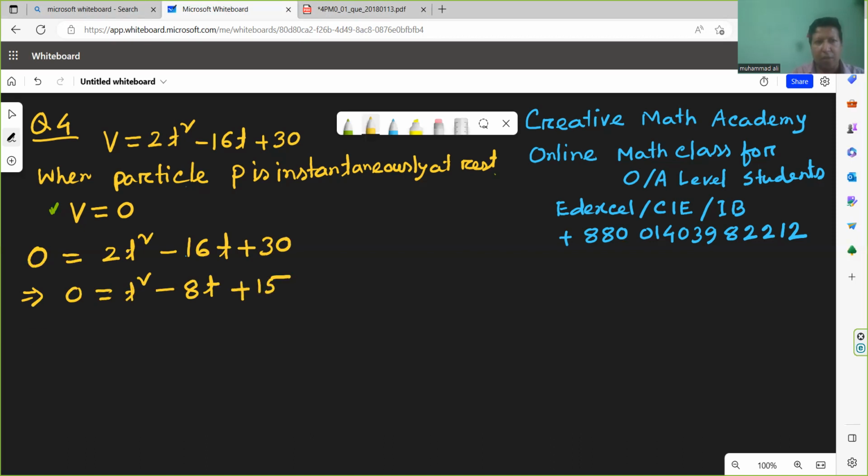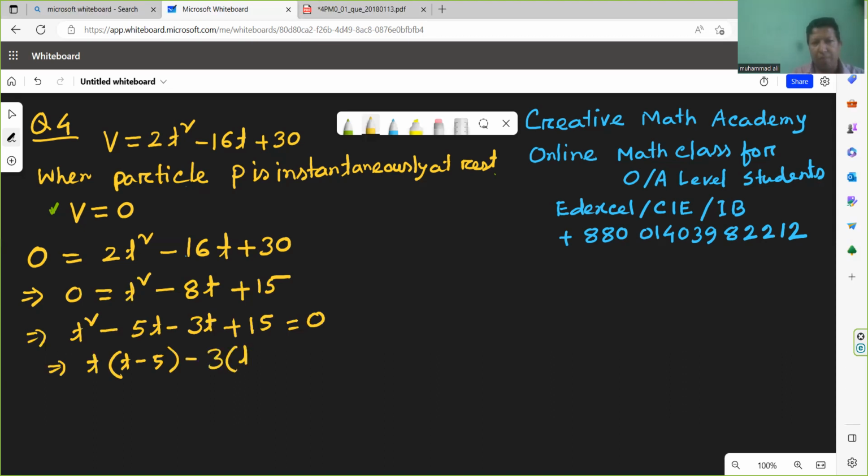Now, if we do factorization, t squared minus 5t minus 3t plus 15 equals 0. Take t common: t(t minus 5), minus 3 common: minus 3(t minus 5), equals 0.